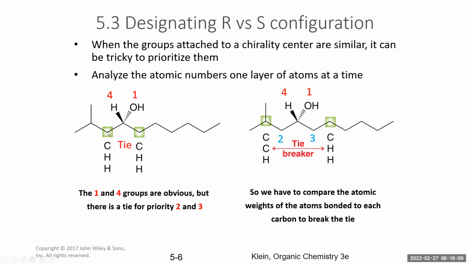But these two are carbons and they have the same atomic number, so that's a tie. So then we look and see, okay, what is attached to these carbons? What is attached to this carbon is another carbon and 2 hydrogens. Same thing with the one on the left. We have a carbon and 2 hydrogens attached. So that's a tie. So then we move to the next atom attached.